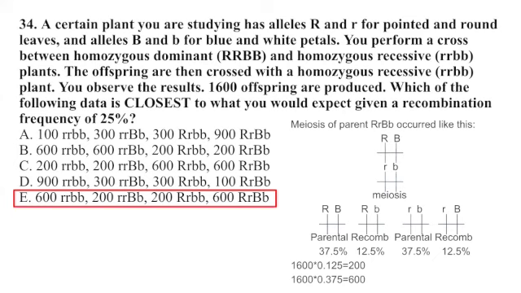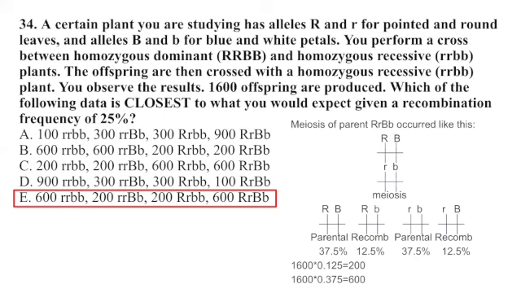If two loci are linked, the frequency of recombination will be less than 50%. And so to calculate the frequency, you can use the formula: frequency of recombination equals number of recombinants divided by recombinants plus parental types.